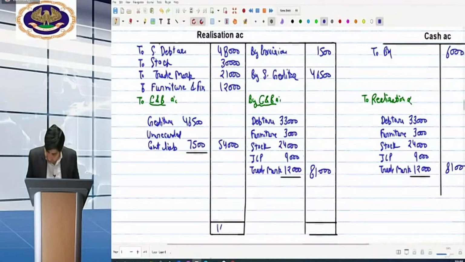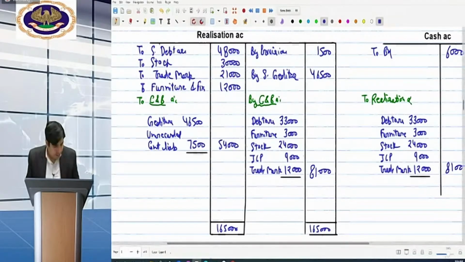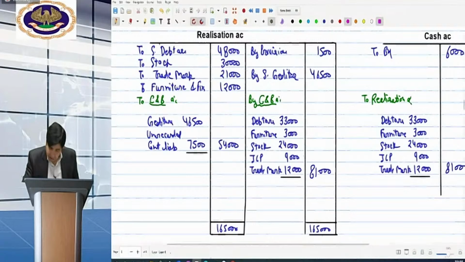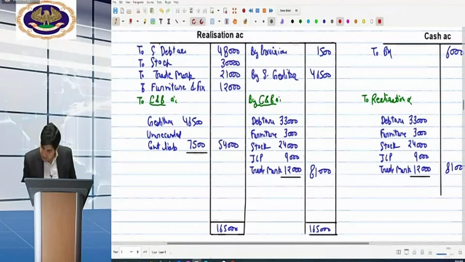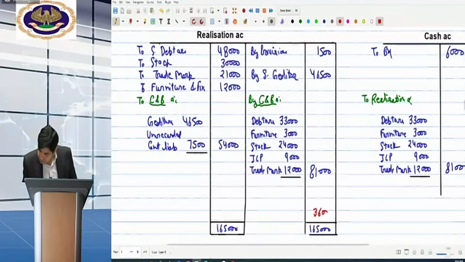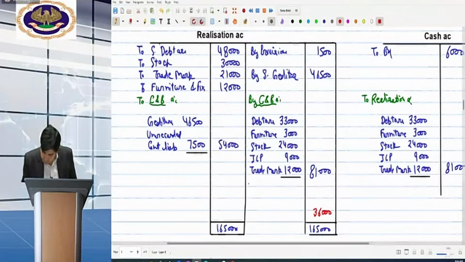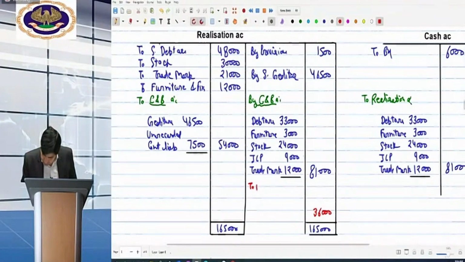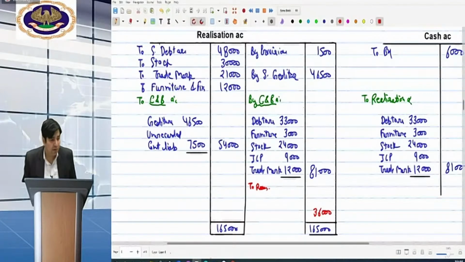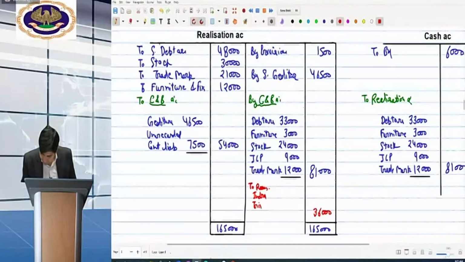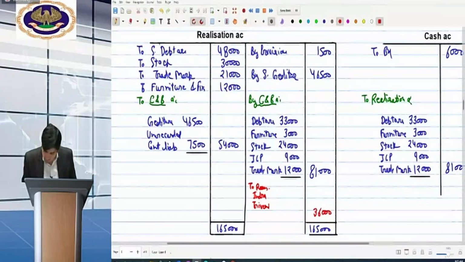Total is 1,65,000 minus 1,500 minus 46,500 minus 81,000. That is 36,000 loss to Ram, Indra, Triveni, and Umesh.